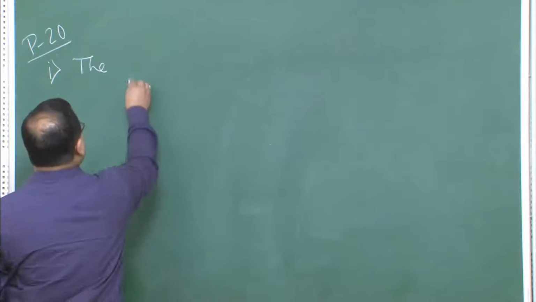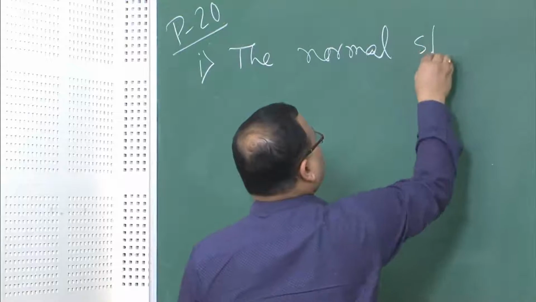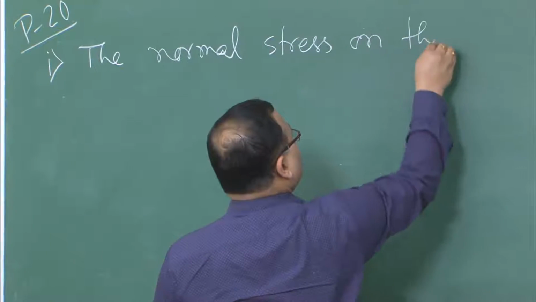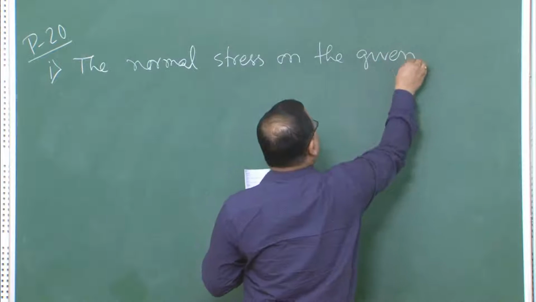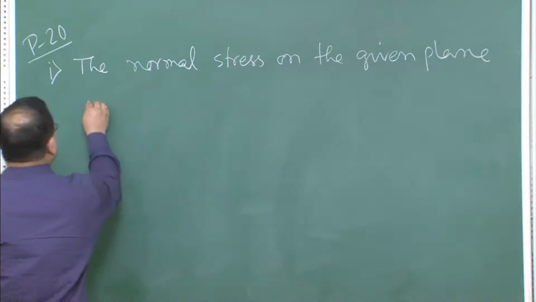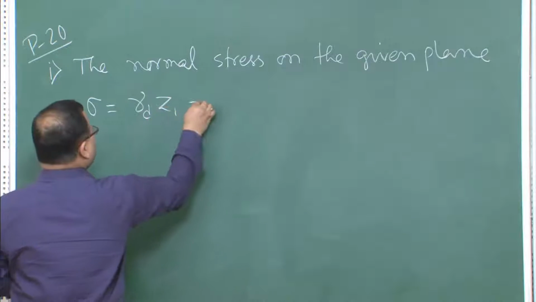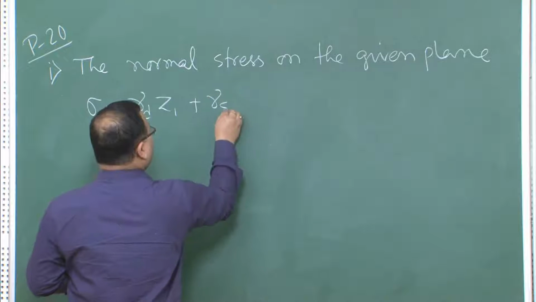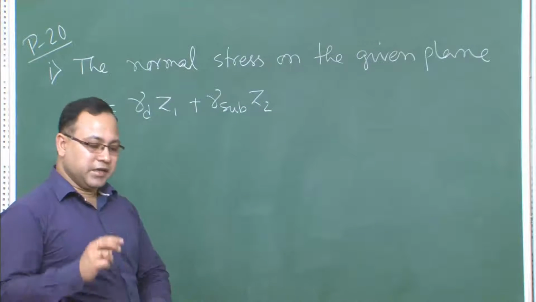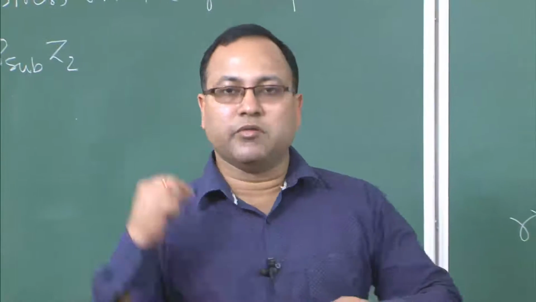So, the normal stress on the given plane is sigma equal to gamma d into Z1 plus gamma submerged into Z2, where Z1 is the depth lying above the water table and Z2 is the depth lying below the water table.